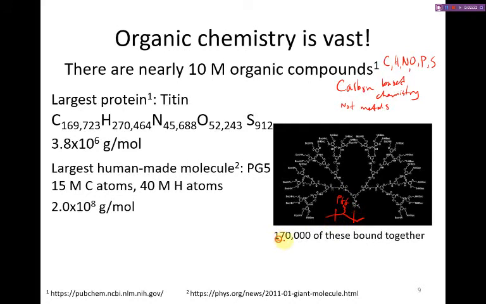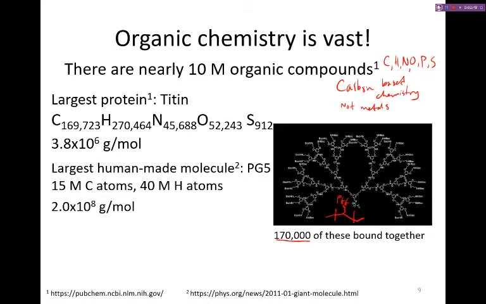And it turns out that there's 170,000 of these molecules bound together to form PG5. And it has a molar mass of almost 100 times more than the largest protein, titin.